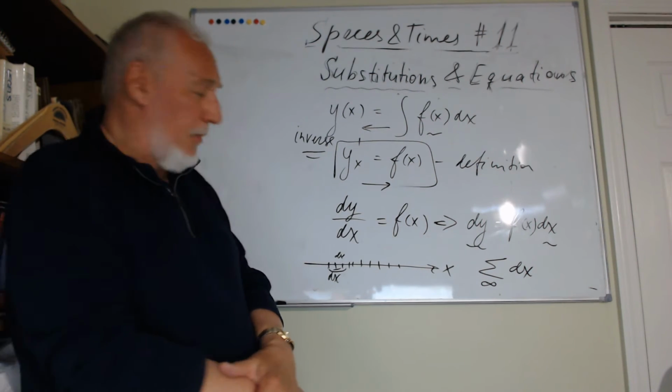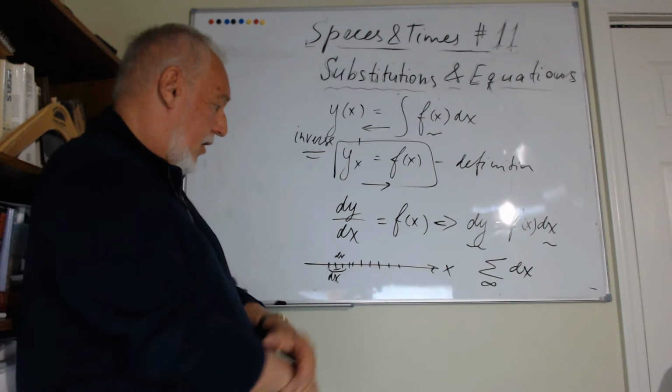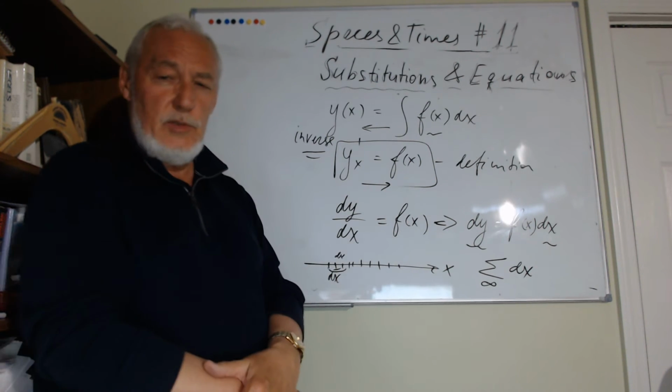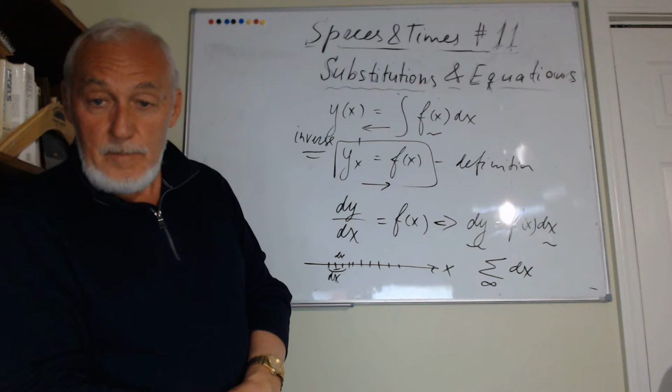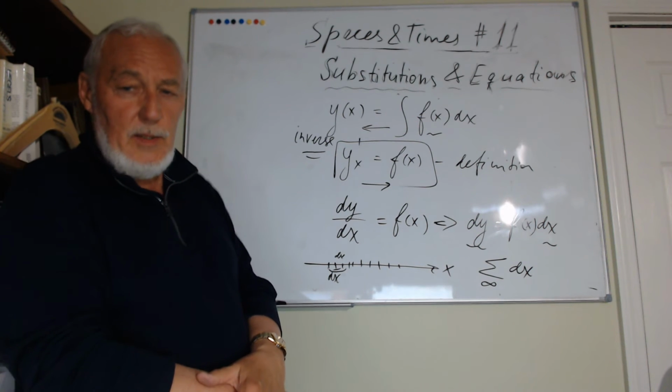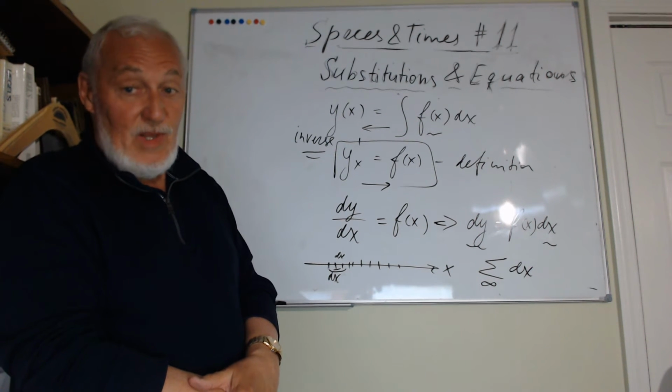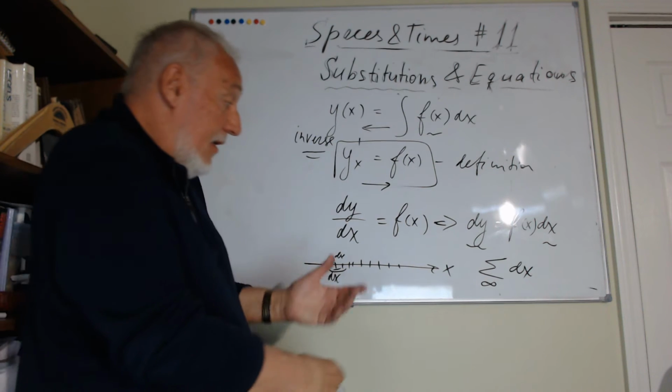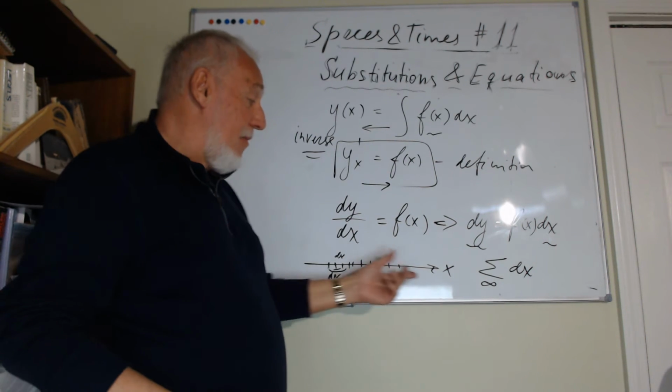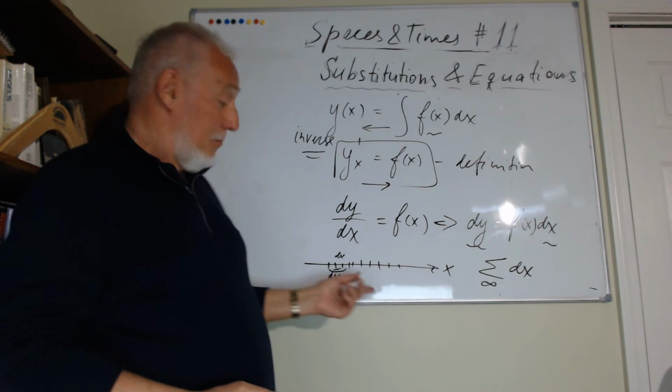What will happen? What is it if we add all these dx's? Infinity, yes, but can you see that it's the same as the axis itself?